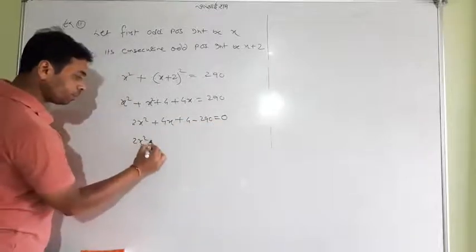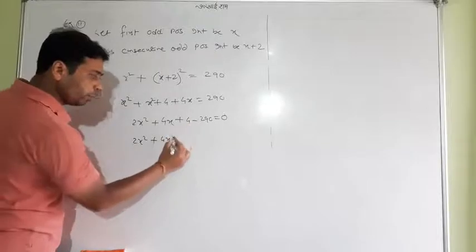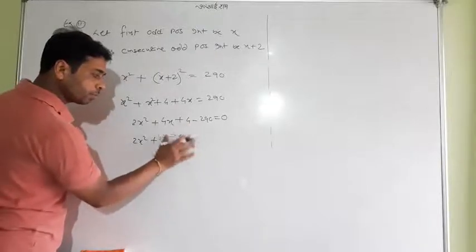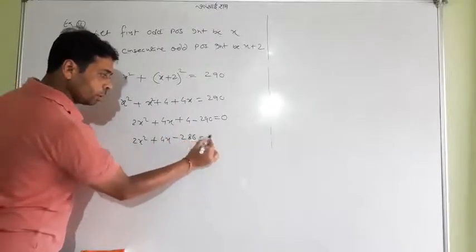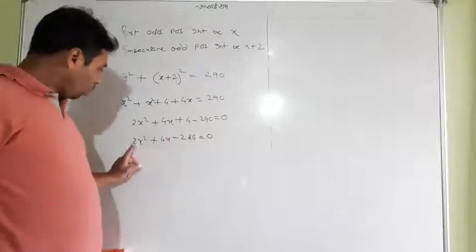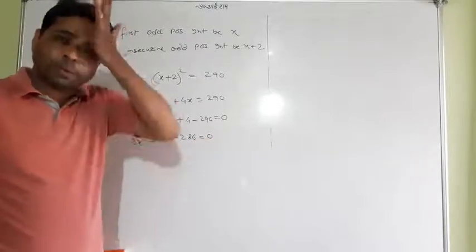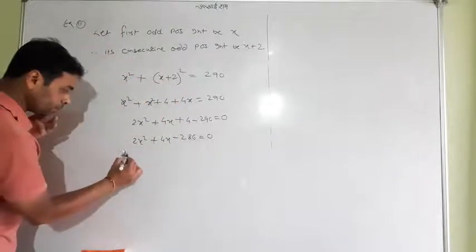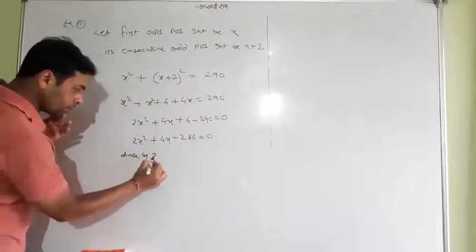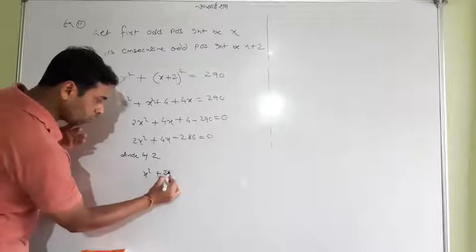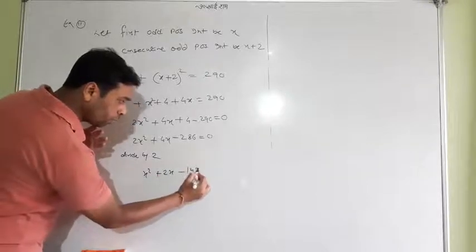Then these give 286. Before going further, the whole equation can be divided by 2. So dividing by 2, this is x square plus 2x minus 143 equals 0.